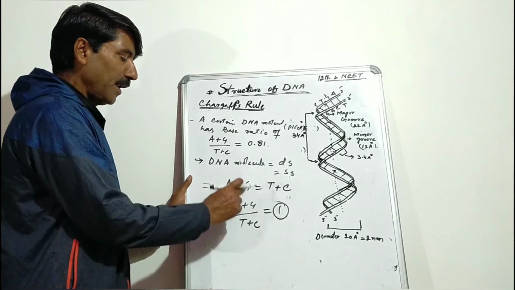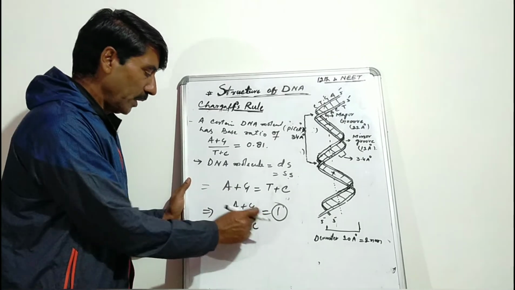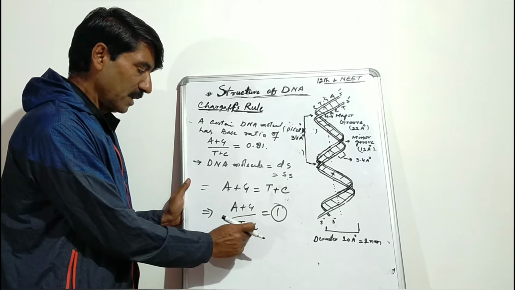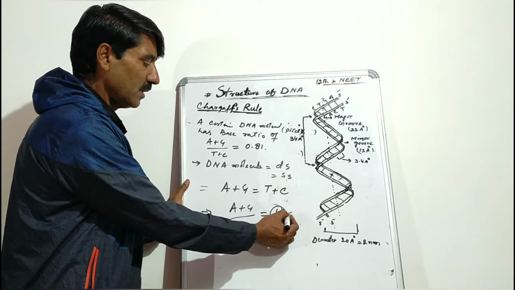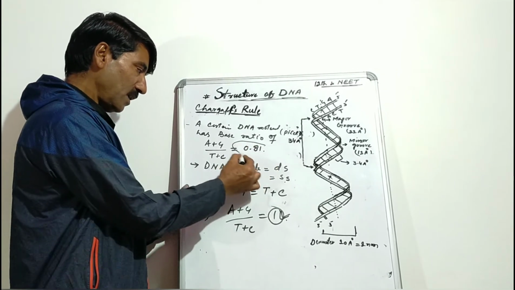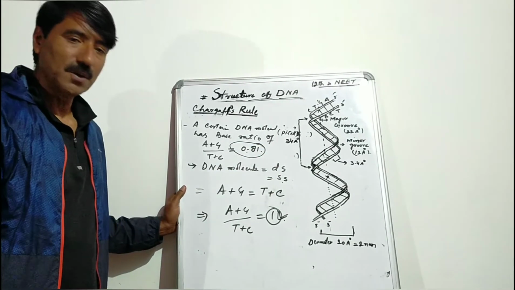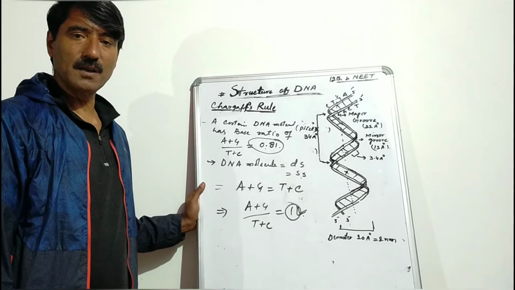So in a double stranded DNA molecule the ratio A plus G by T plus C is always equal to 1, but here it has been given as 0.81. Now you can decide yourself, is it double stranded or single stranded?